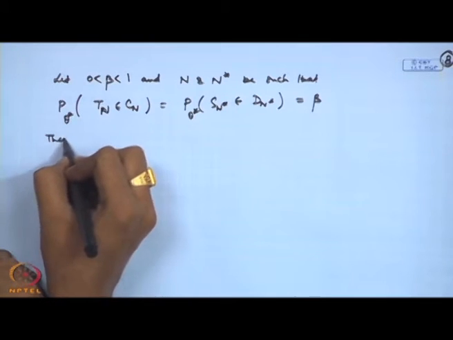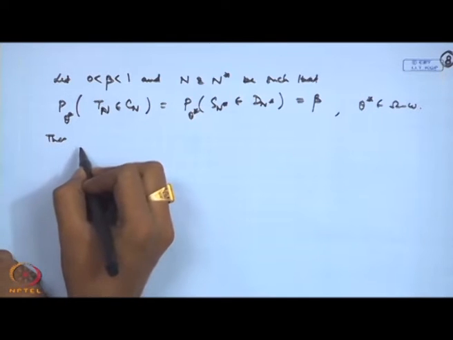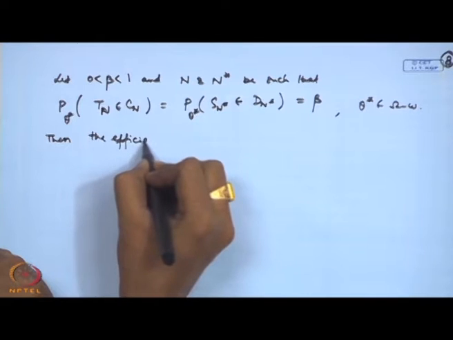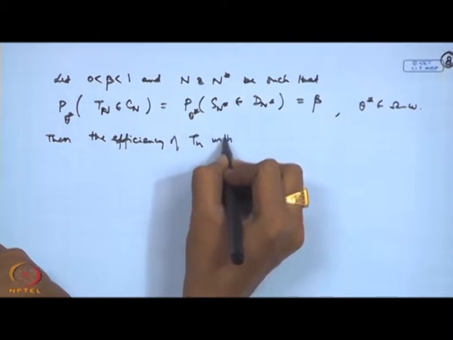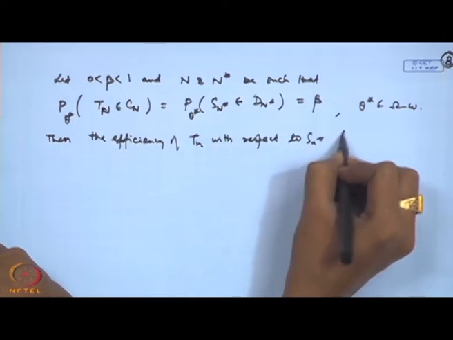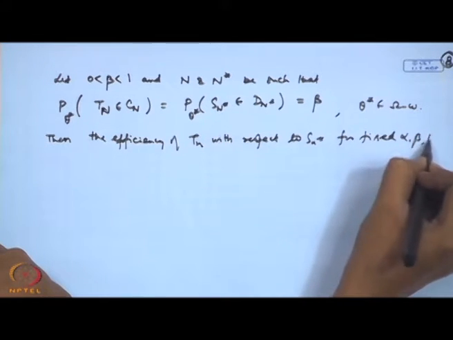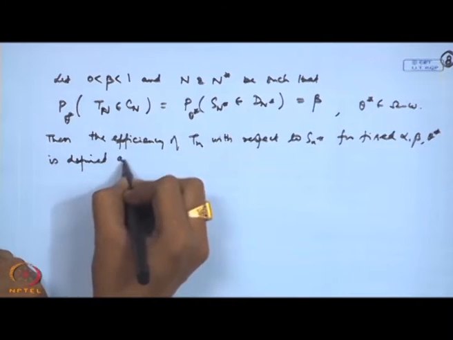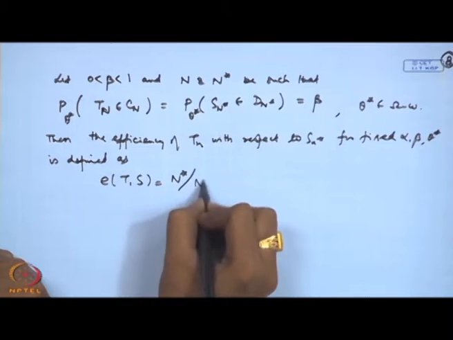Here this theta star belongs to omega minus omega naught. Then the efficiency of Tn with respect to Sn star, for fixed alpha, beta and theta star, is defined as ETS equal to n star by n.